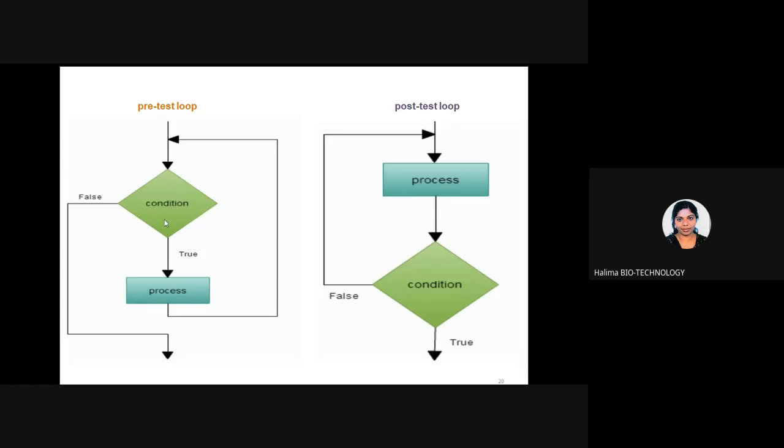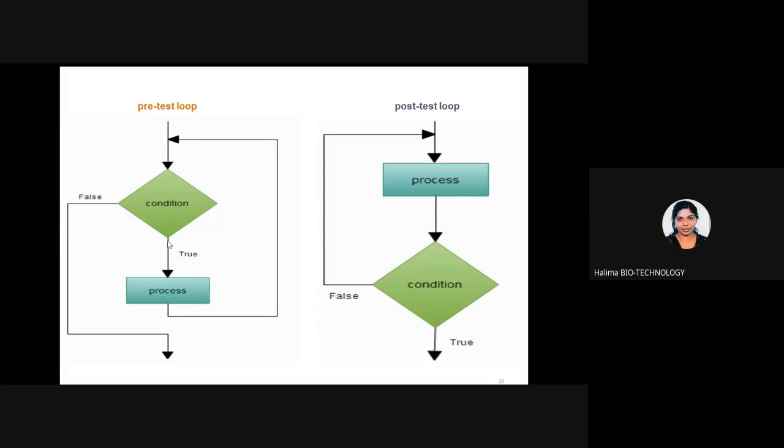So there's a condition true, and then the loop will be executed here. Okay, so here it is false, right? If the condition is false, here a loop is executed. So what does it tell us? If the condition is true and there is a loop, it is called a pre-test loop.